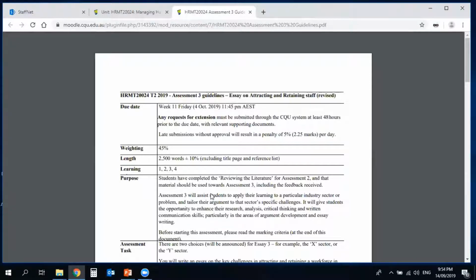This assignment is considering your overall 45% weight of this subject. So I believe that this is your grade deciding assignment. Whatever you get, you will get from this 45% marks for sure. So make sure that your assignment is coming within that word limit, because we are not expecting that you are writing less or more than that.